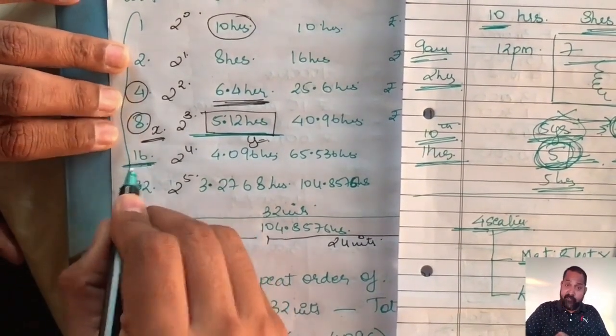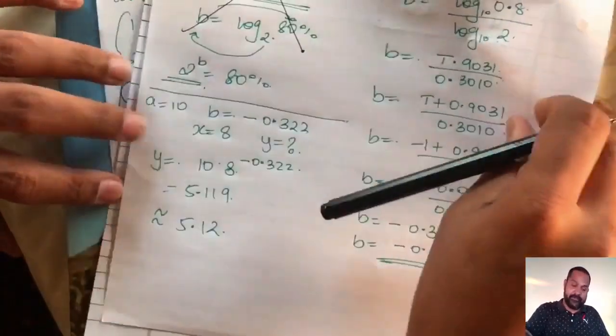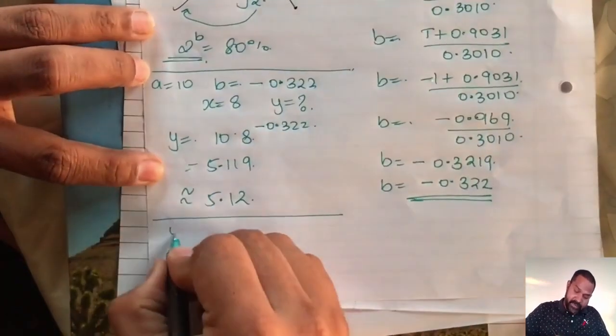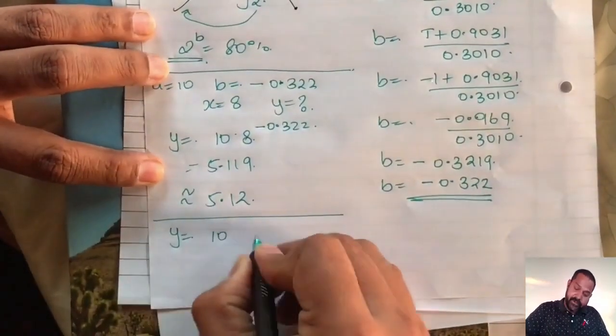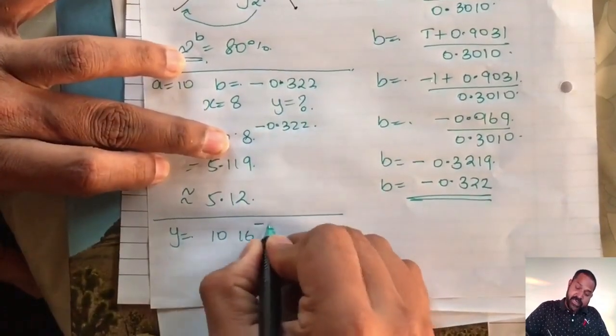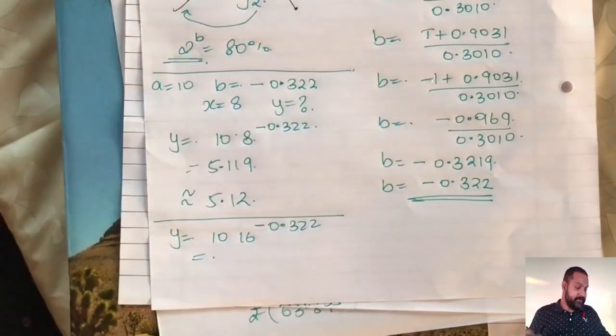I will show you that for 16 units, the average time is 4.096. Let me quickly do that. I'm going to write it here only. I'm going to directly say that y is a, which is 10, times x, which is for 16 units, raised to b, which is minus 0.322. Is that right?